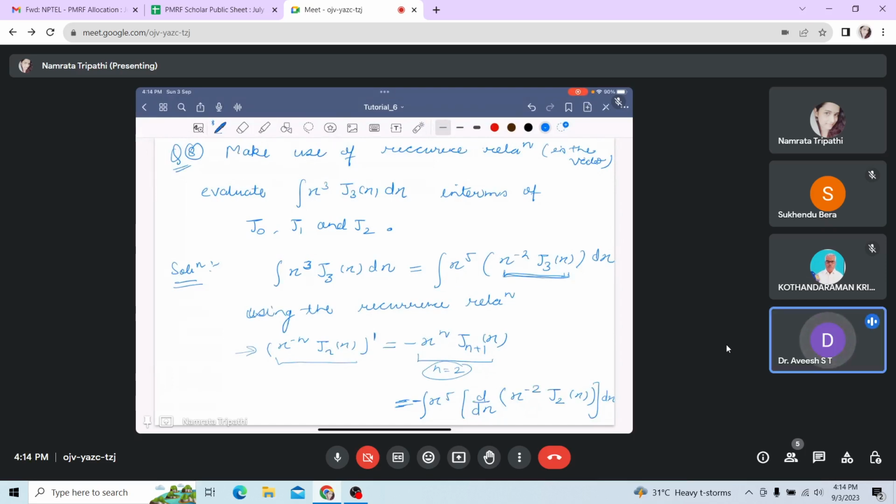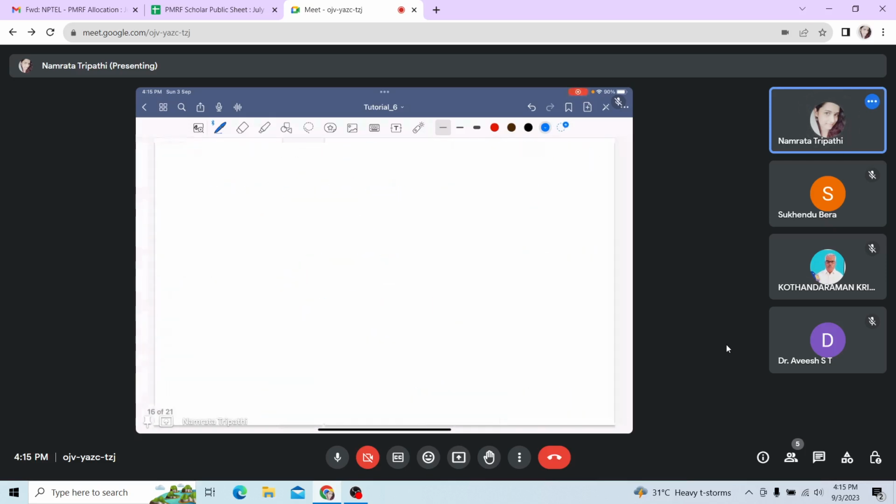So you can solve by using, solve by using what? Integration by parts. Yes, you can simply integrate by parts. Let the first and second function and you can integrate. What will be the value of integration?